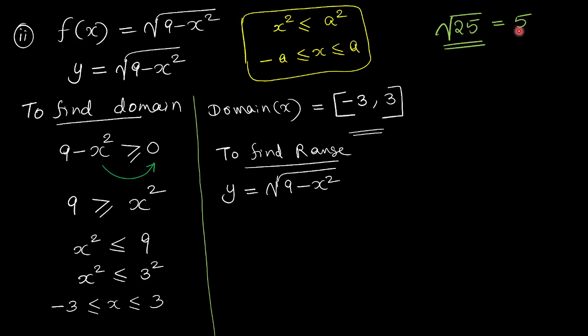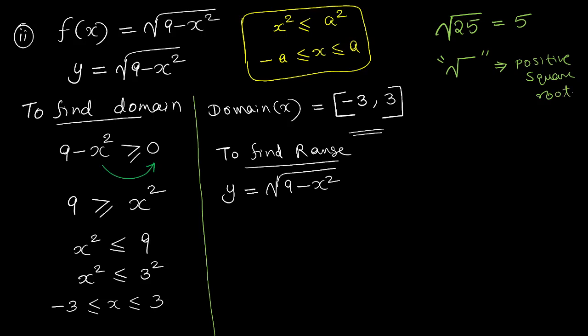Hence, we don't write plus or minus 5, we write only the positive value. Most of the students are not aware of this fact. So please note that this symbol means positive root only. Don't write plus or minus, okay?